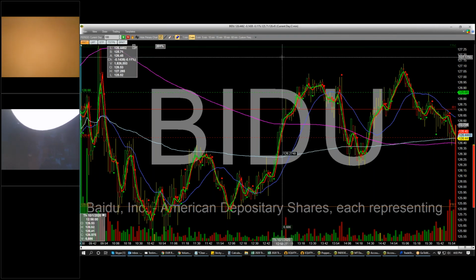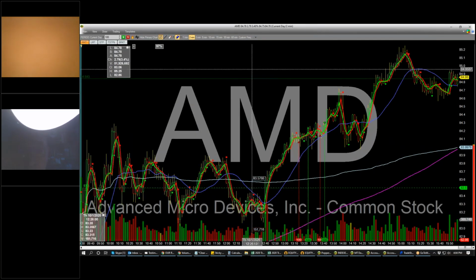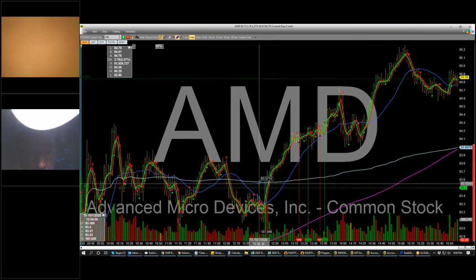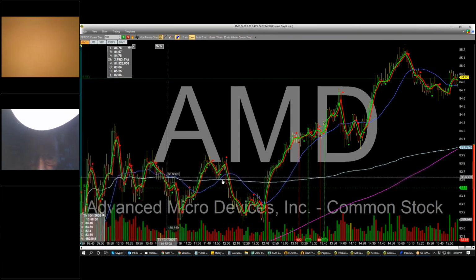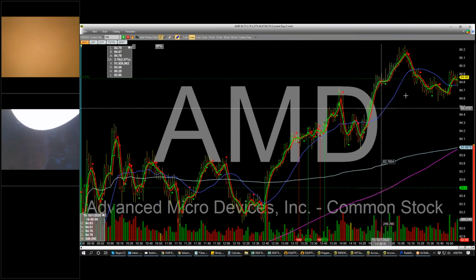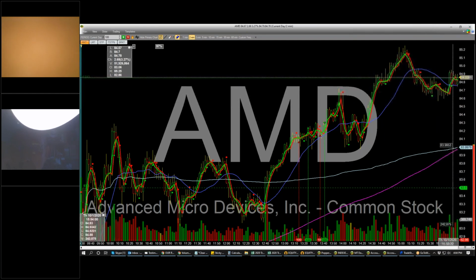All right, one more. AMD. So most of the morning, look what AMD did. Just chopped back and forth. Finally broke out right here. But most of the day, it just chopped. Chop, chop, chop, broke out. Broke out, never came back. It went right to fib resistance right here, actually.